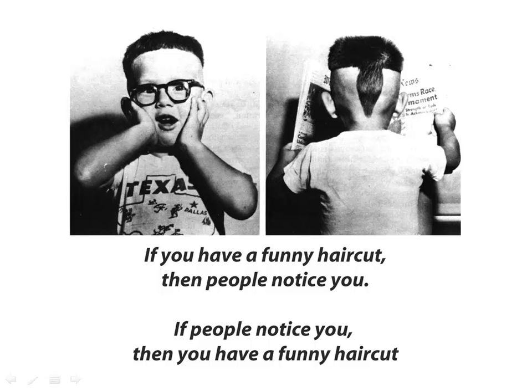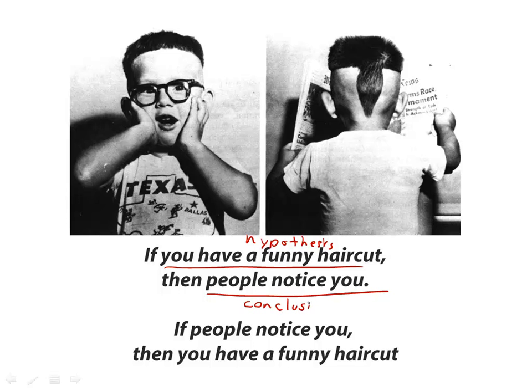Alright, so you can see that this young boy here has what they call the Davy Crockett haircut. And here's a conditional statement. If you have a funny haircut, then people notice you. So you can see that this is the hypothesis, and this is the conclusion.